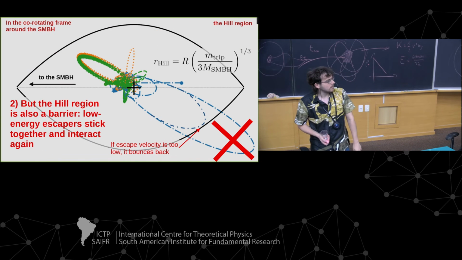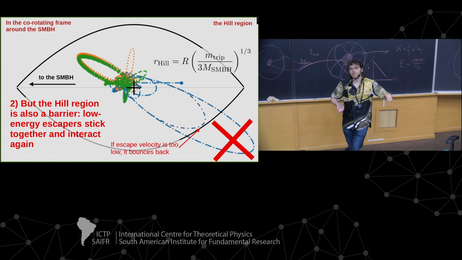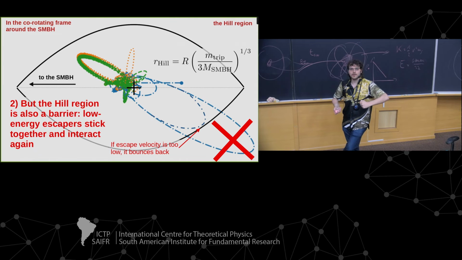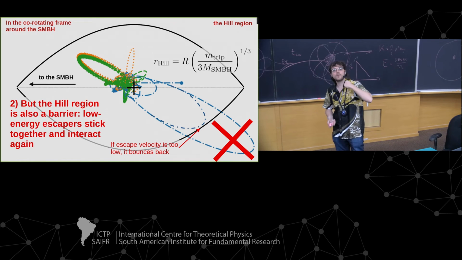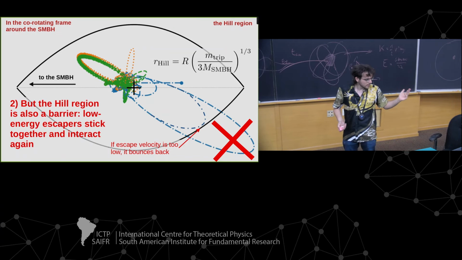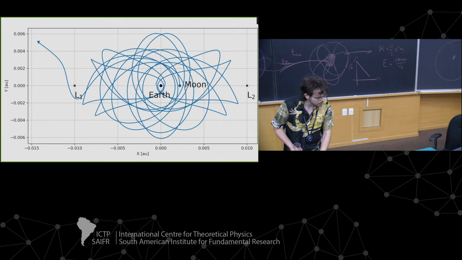Maybe what happens is that the tidal field is a barrier instead of something that captures. So your single will come back before it will bounce on the tidal barrier. So these are actually two opposite effects, which was very unclear from the analytical point of view, so you have to run simulations.